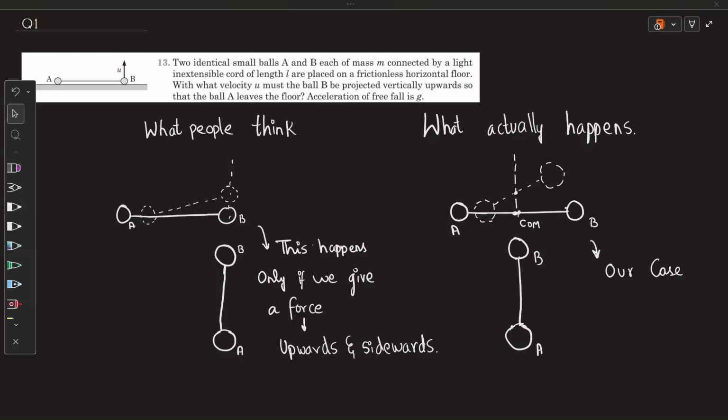In that case, people think it will move in a line vertical to B. But in order to move vertically, you need to apply some force sidewards in the horizontal direction too. But in this case, you are not applying any forces. So this situation will be like this.